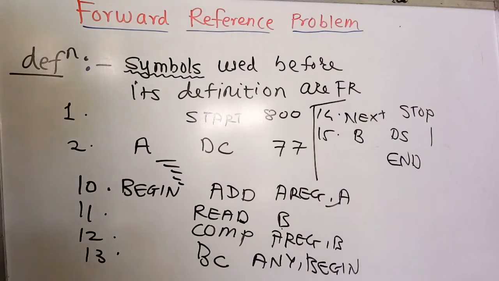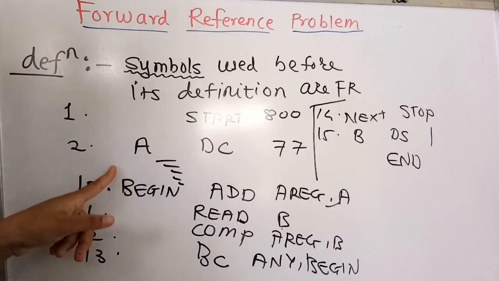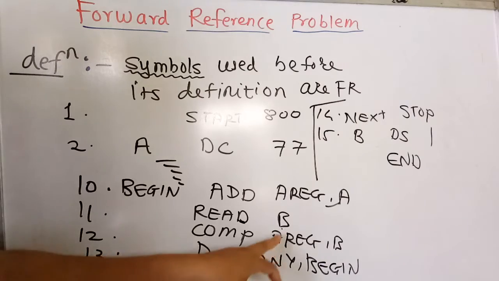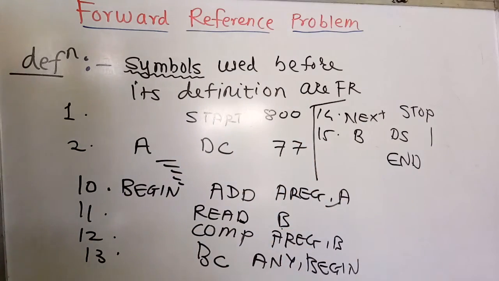So which symbols used in this example have a forward reference? Carefully see that NEXT and B are symbols that are used but not defined in the previous part. For example, B is used here and declared later in the code.